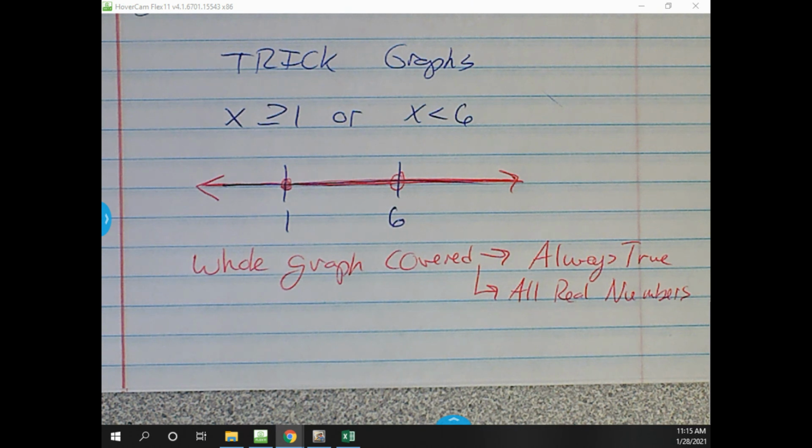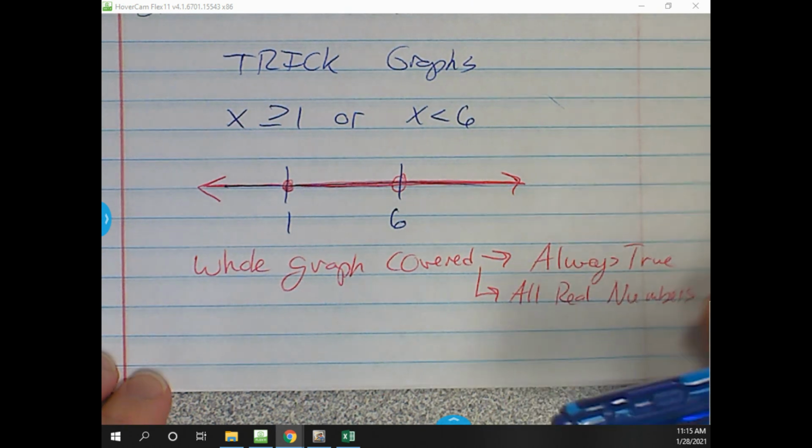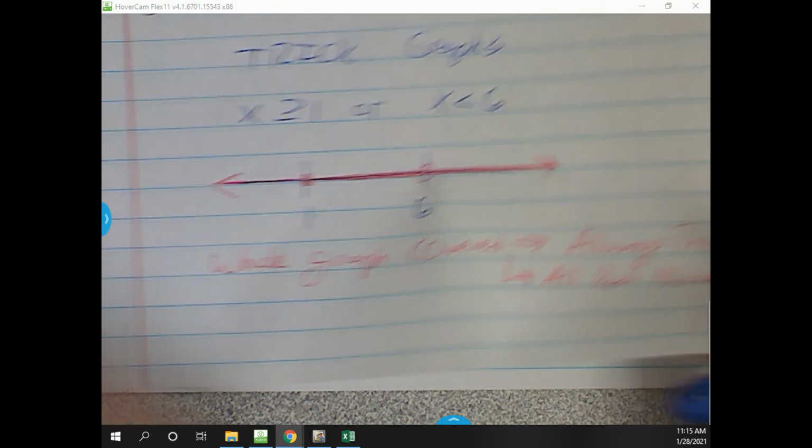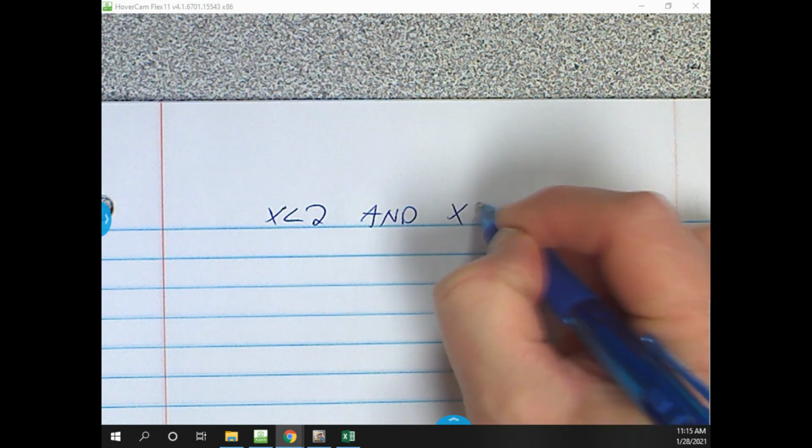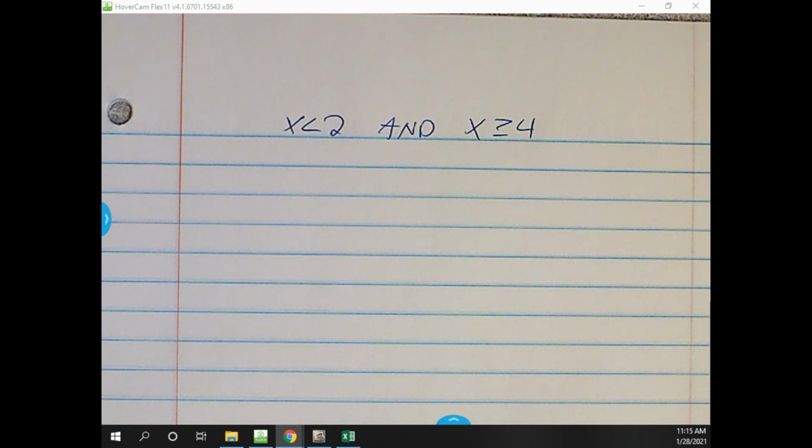Let's see. Something else we could do here. Let's give a trick and statement here. Let's do x is less than 2 and x is greater than or equal to 4.